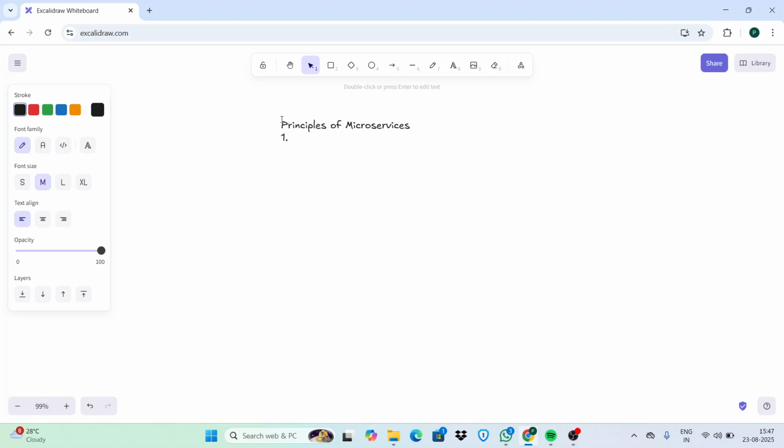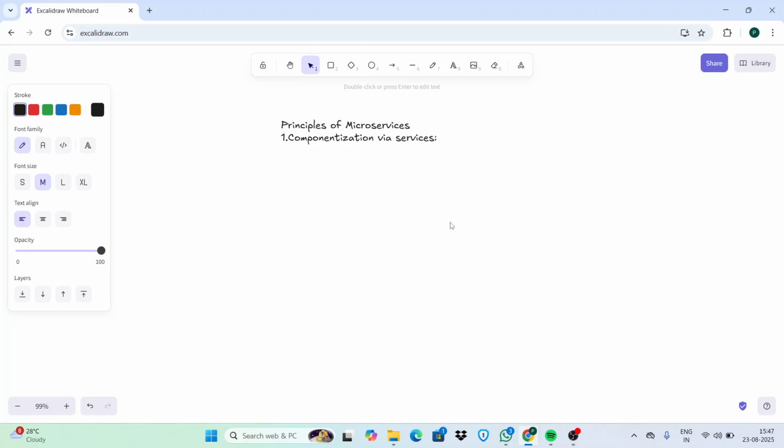The first principle is componentization. Componentization via services. So what is componentization via services?